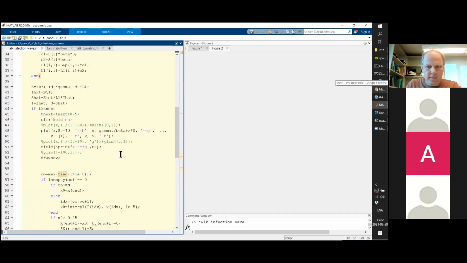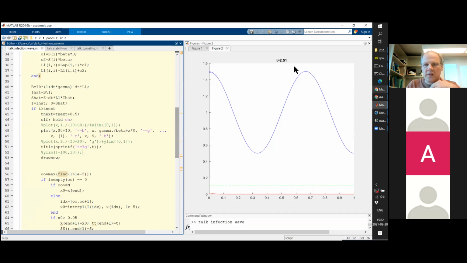Okay. So here's time, and the disease starts to grow. It's a wave that propagates, because I introduced the disease on the left. Because this blue dash curve is above this green dash curve, the disease will still grow, but it slows down as it gets to this minimum here, but nonetheless continues to grow.